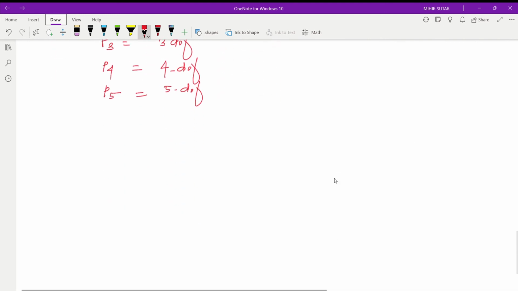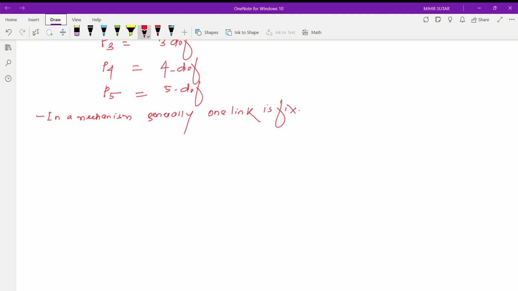Now in a mechanism, generally one link is fixed always.